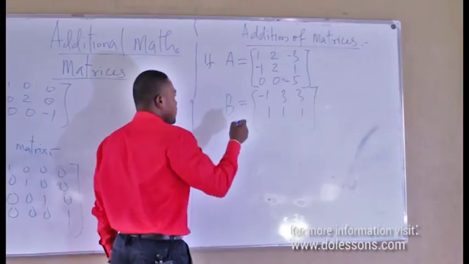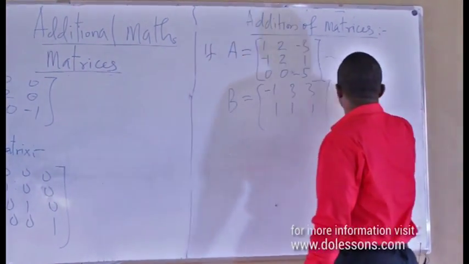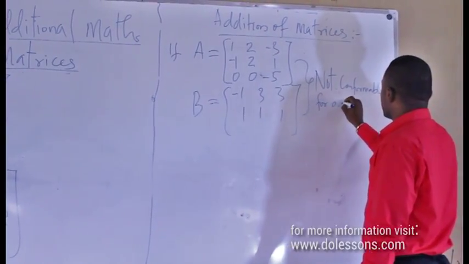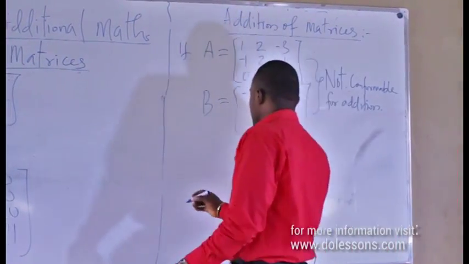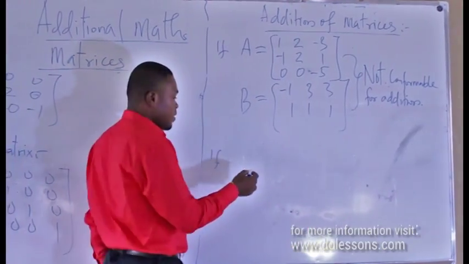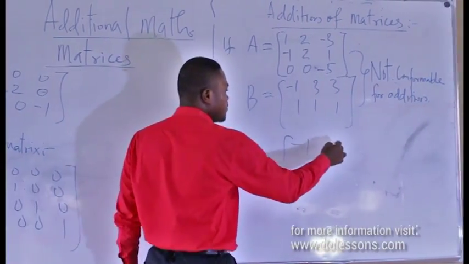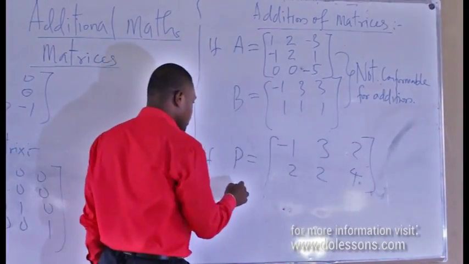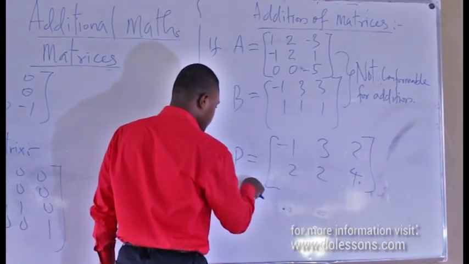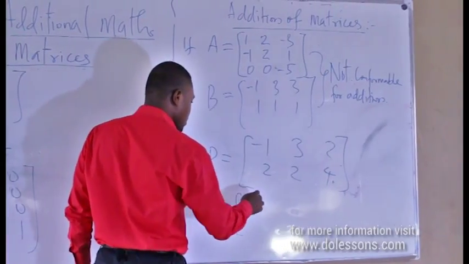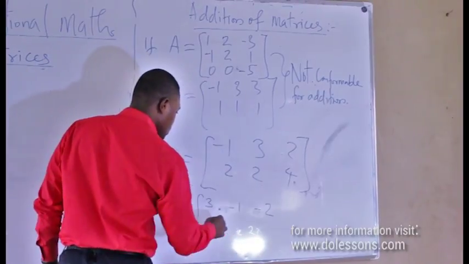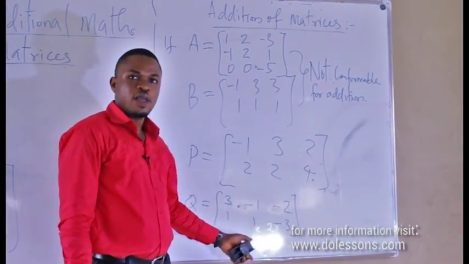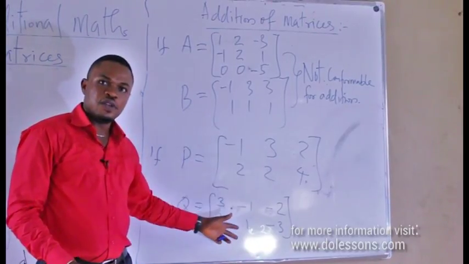For example, if matrix P is equal to minus 1, 3, 2, 2, 2, 4, and matrix Q is equal to 3, minus 1, minus 2, 1, 1, minus 3, we can add the two matrices because they are of the same dimension.